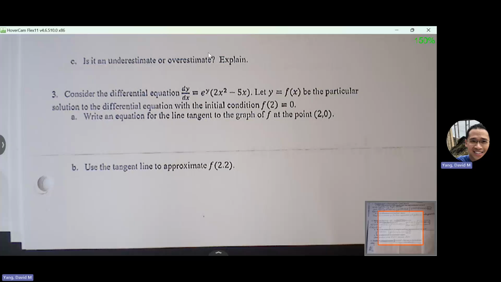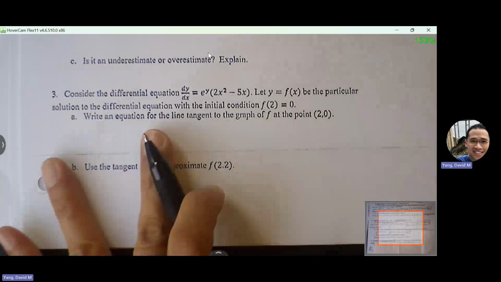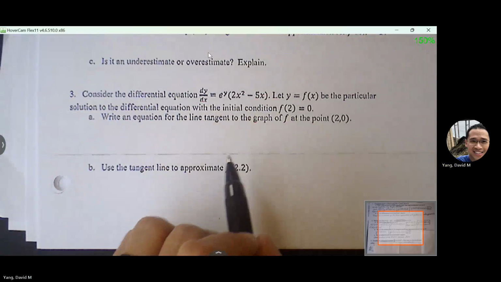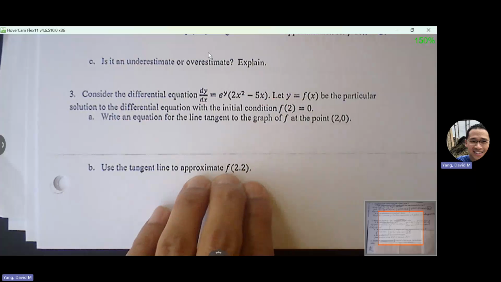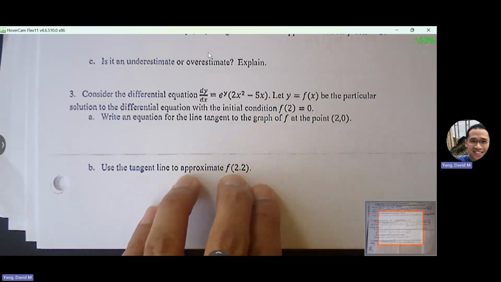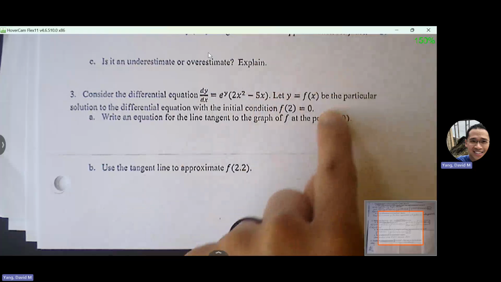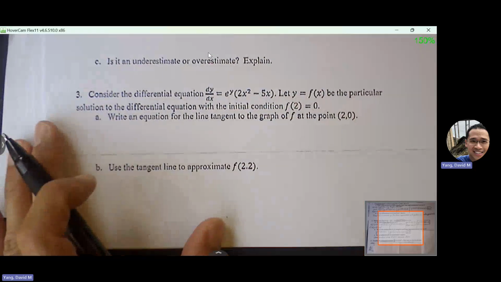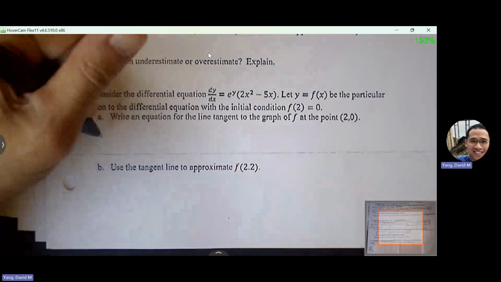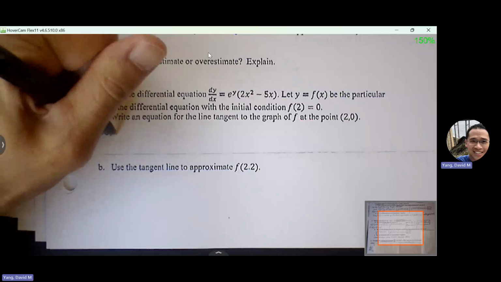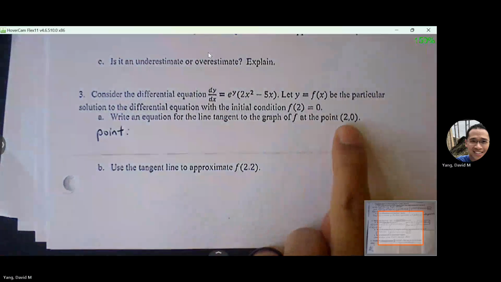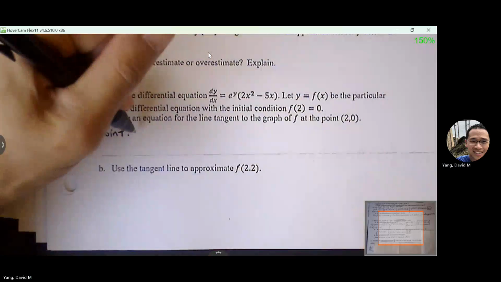So this one is kind of walking through each step of the way. Sometimes the problem will just say, find the linear approximation at f of 2.2, and we're just going to have to know that we have to build a tangent line before we can get to that f of 2.2. So all we need is the ordered pair and slope. The ordered pair is provided for you.